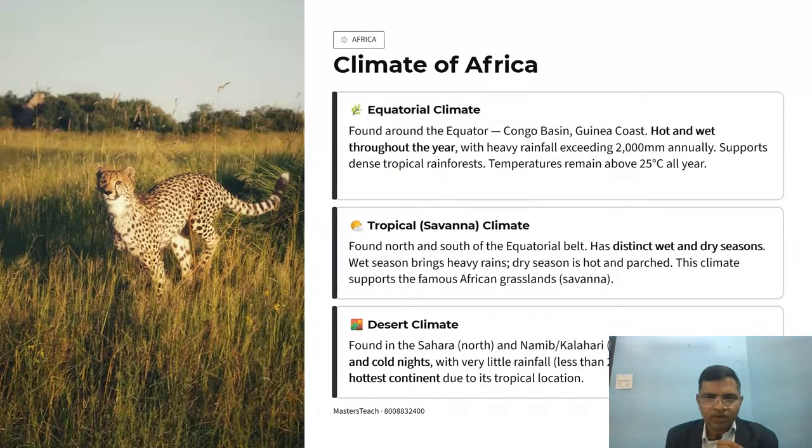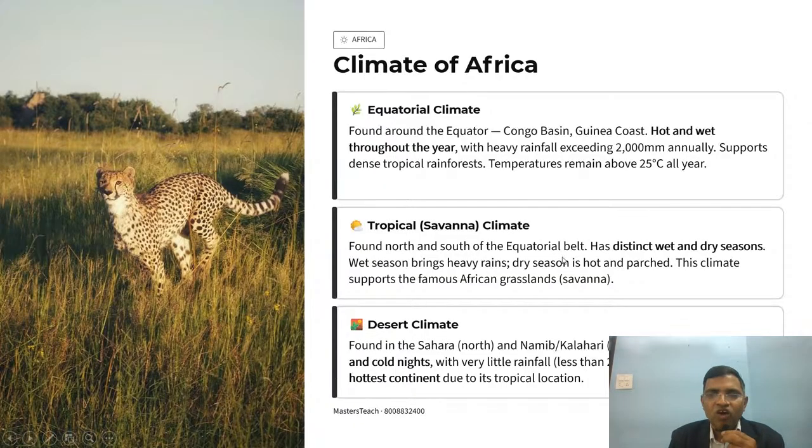Then desert climate, found in the Sahara in the north and the Namib and Kalahari in the south, with extremely hot days, cold nights and very little rainfall, less than 25 mm per year.